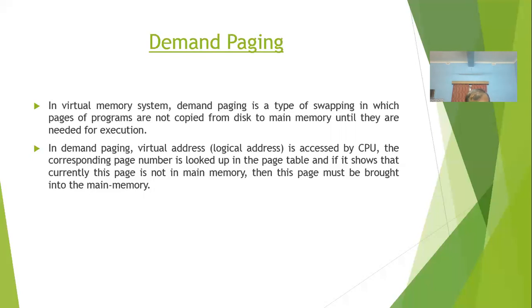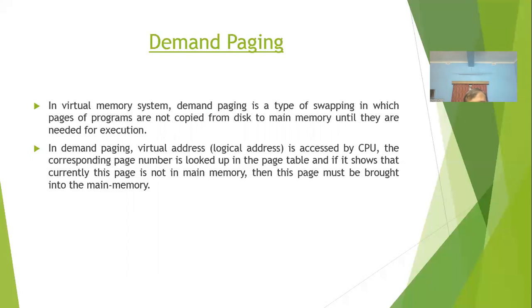Now, what is demand paging? In a virtual memory system, demand paging is a type of swapping in which pages of the programs are not copied from disk to the main memory until they are needed for execution. As I told you, during the starting of a particular process, we may not require all the pages of the particular process loaded into the memory.